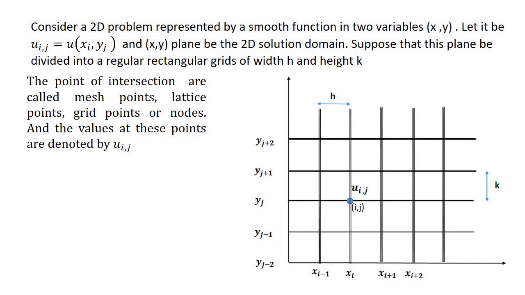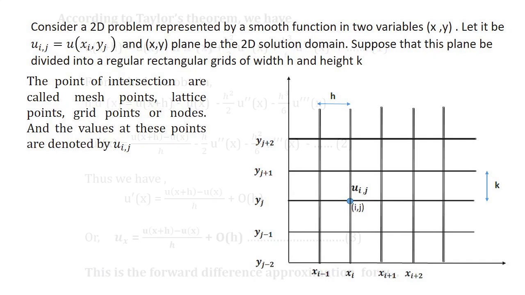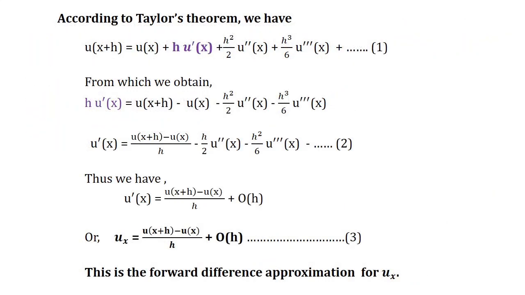That is, u_ij is expressed in terms of u_(i-1,j), u_(i+1,j), and so on. Finally, solving these equations simultaneously gives the function at each grid point. Now let us look into the mathematics behind these equations.